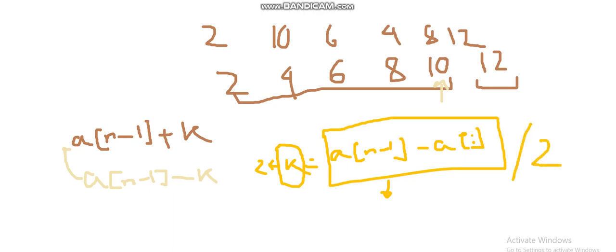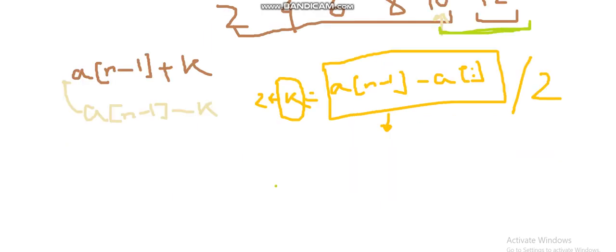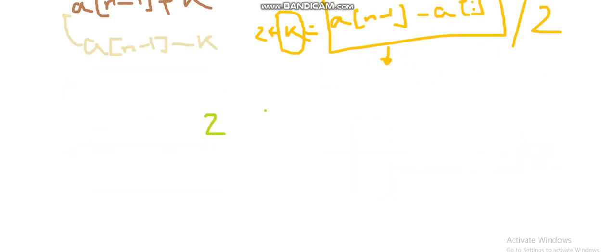Now we will traverse on the array, and we will find that for every element, n minus 1 minus 2k. So let me write it like 2 4 6 8 10 and 12. Now we have to find for every element whether its lower value is present or not. We will keep track of the higher value.